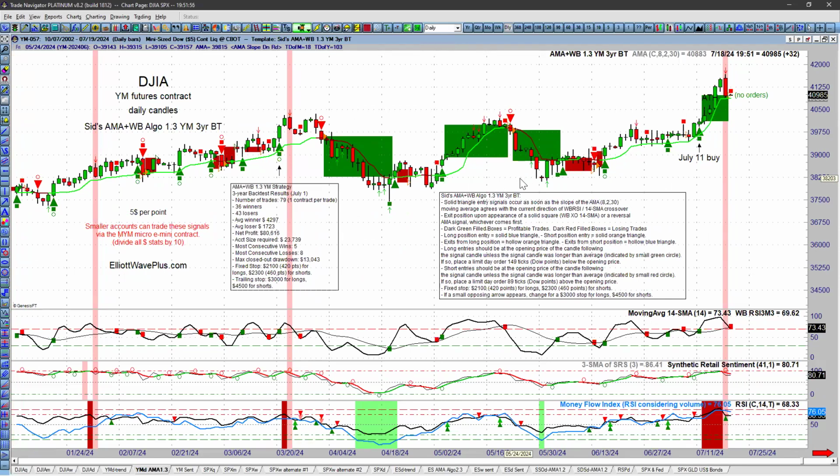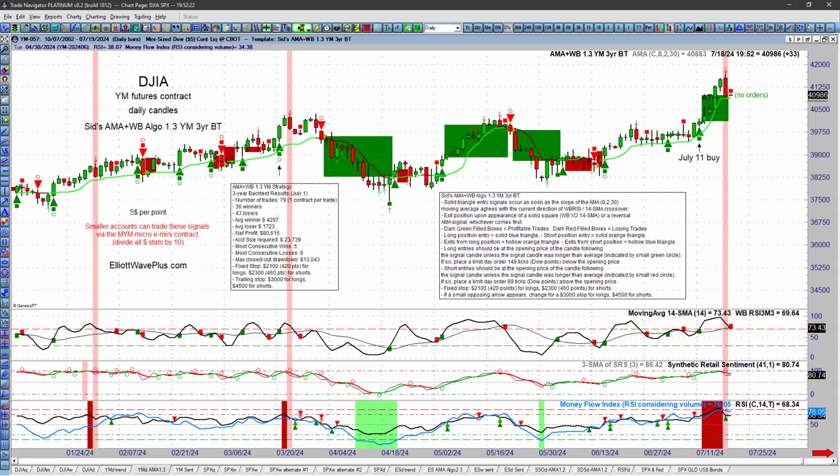There's no Elliott wave, no Hurst cycles here, but there is a little bit of sentiment built into some of the algos. The sentiment that's built in is the daily sentiment index. In the case of the Dow Jones Industrial Average, their daily sentiment index statistics are not published on that one as part of that service.